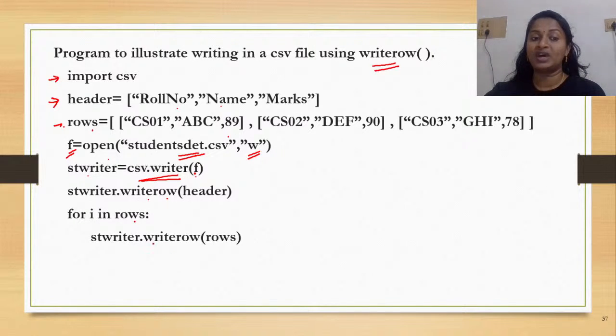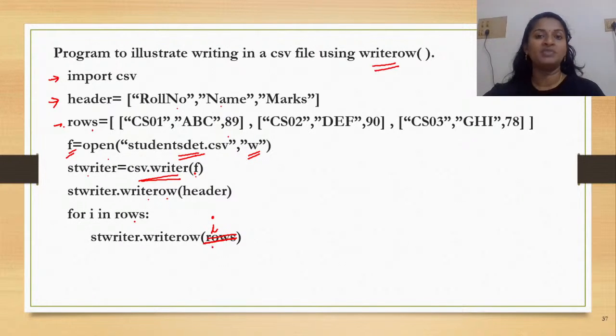Written onto which file? The file pointed to by the writer object stWriter. So stWriter.writerow, and inside writerow you pass as argument the name of the list rows. Sorry, not rows here, a small mistake, it is row of i.